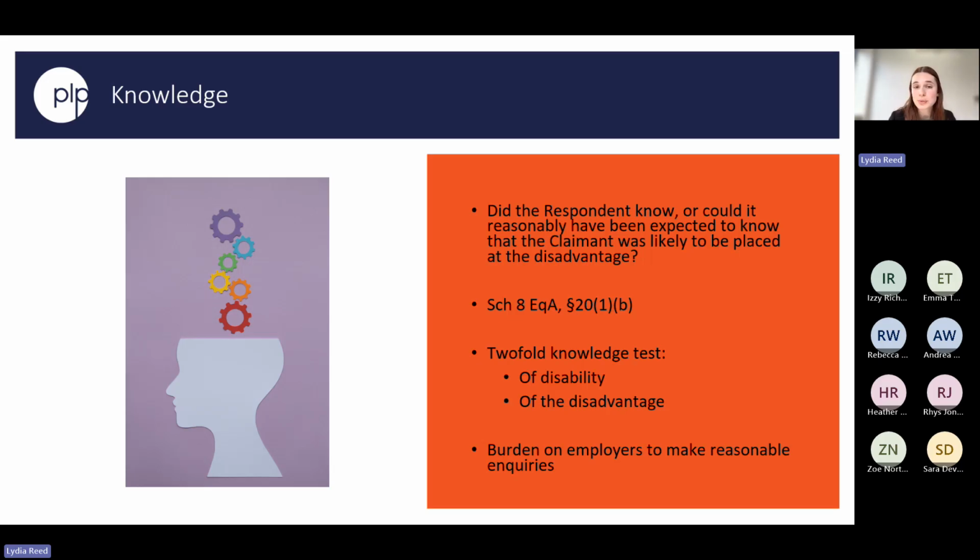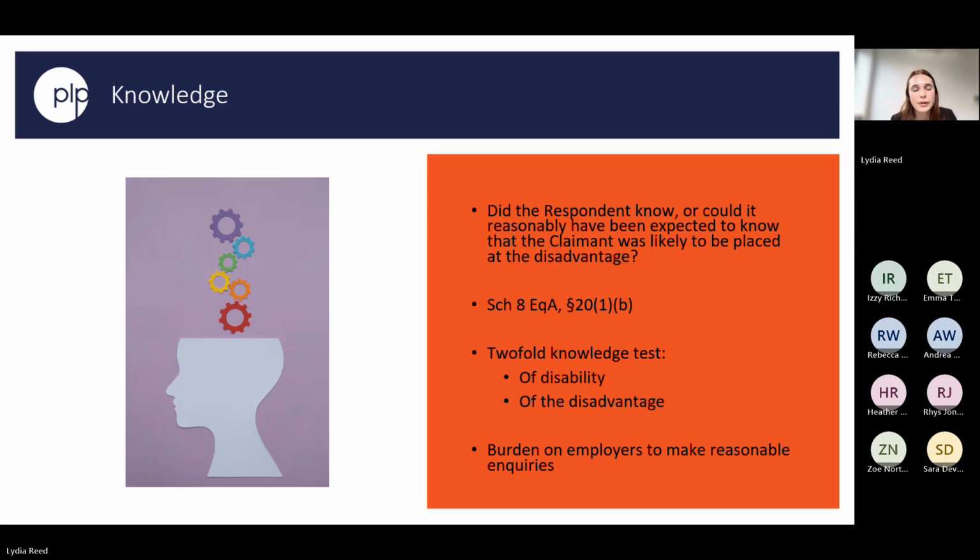That could present a bit of a tricky scenario for an employer, because the burden on the employer is to make reasonable inquiries. So the expectation isn't to make every possible inquiry, but the employer should, based on the information provided by the claimant, make reasonable inquiries as to that substantial disadvantage.